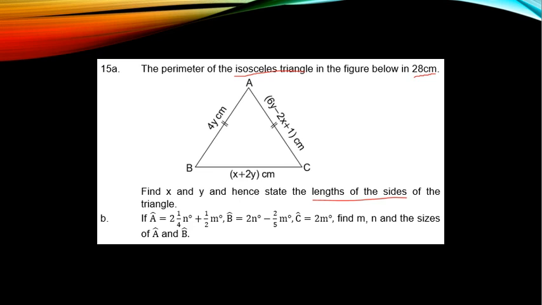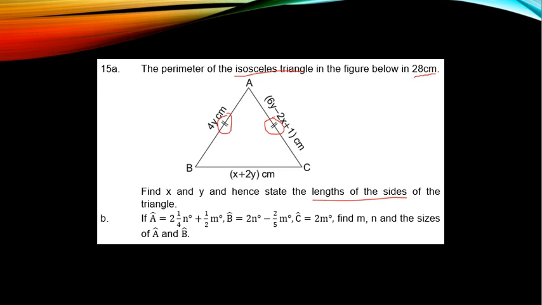Okay, this triangle is an isosceles triangle, and in such a triangle two sides are always equal. That is why you have these markings in the triangle. The markings are not for fun. They are there to tell you that side AB is equal to side AC.